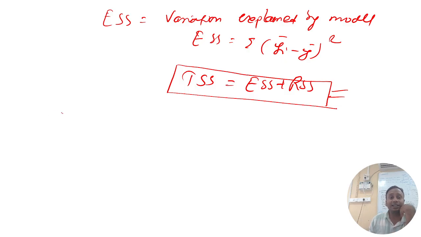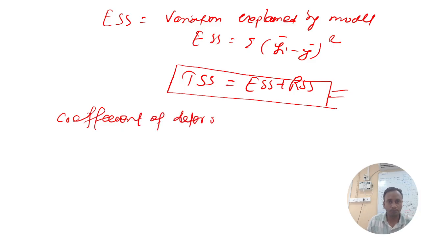Okay. After that, once we know the error and what types of error, now we have to know the relation. The relation goes with the coefficient of determination, which we call R square.